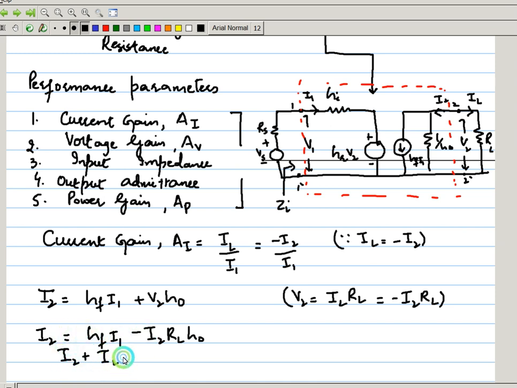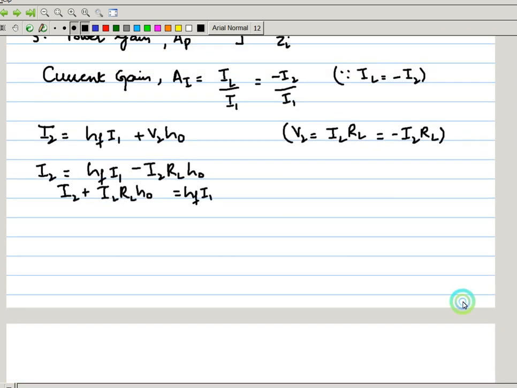Then next step, we will transpose the I2 to the left hand side, that is I2 plus I2 RL into HO will be equal to HF into I1, and we'll take I2 as common. It will be I2 into 1 plus HO into RL equals HF into I1.